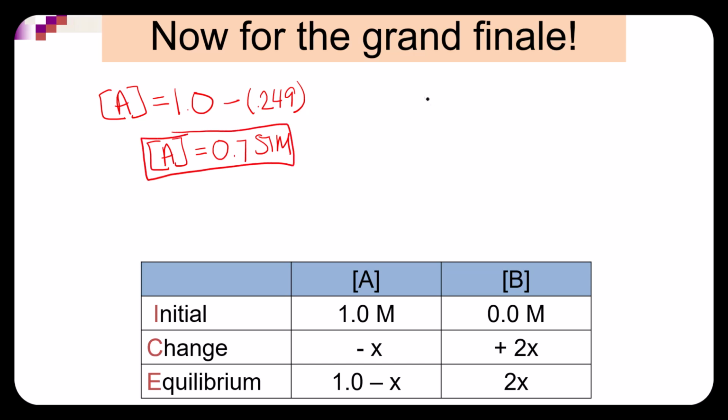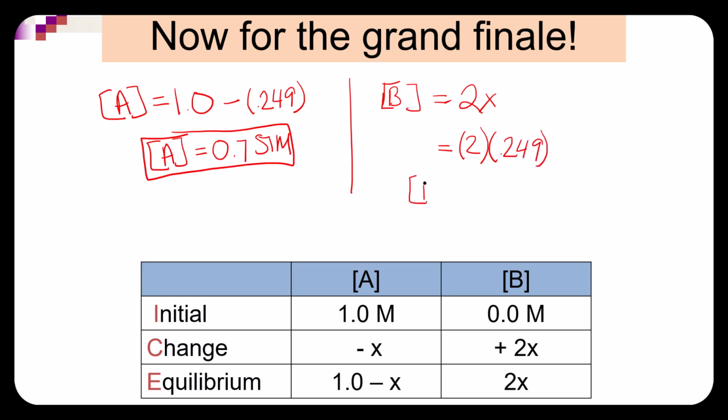And then the concentration of B at equilibrium is 2x. So the concentration of B at equilibrium is 2 times the 0.249.